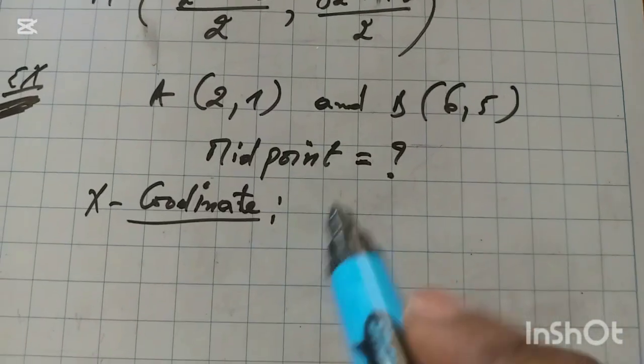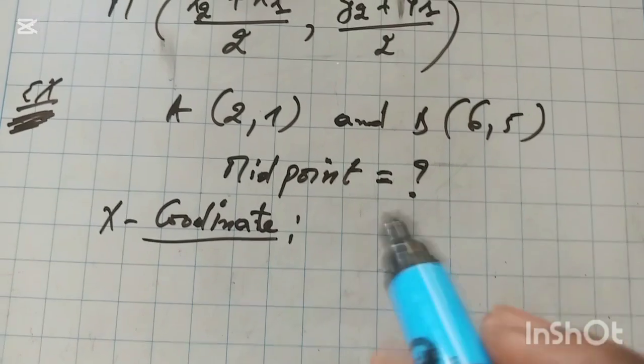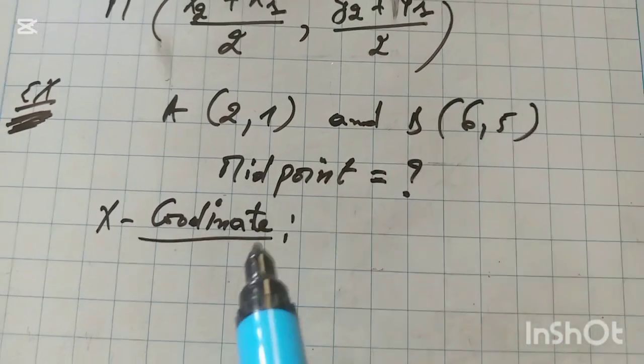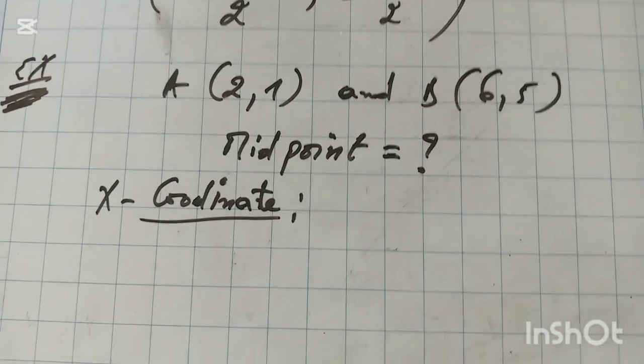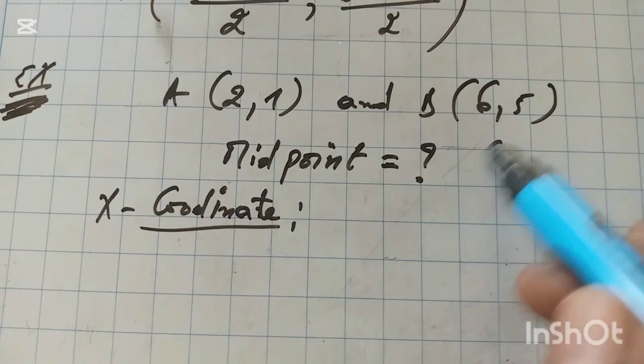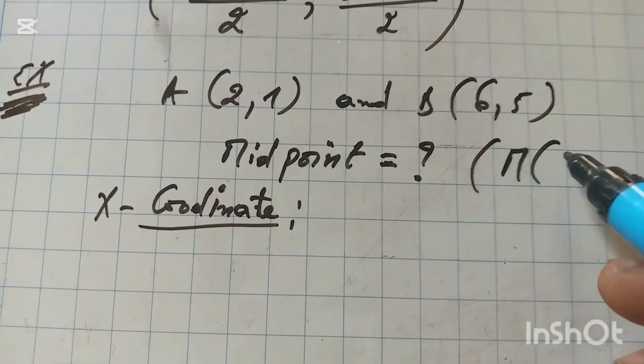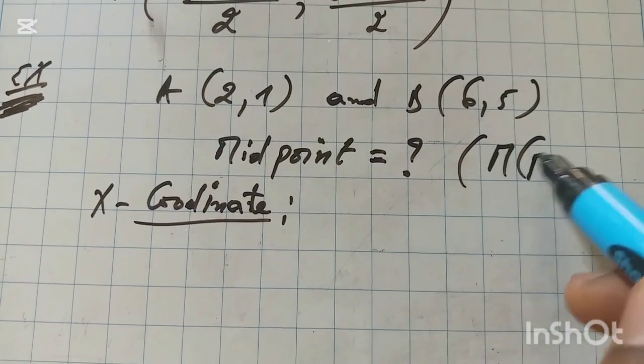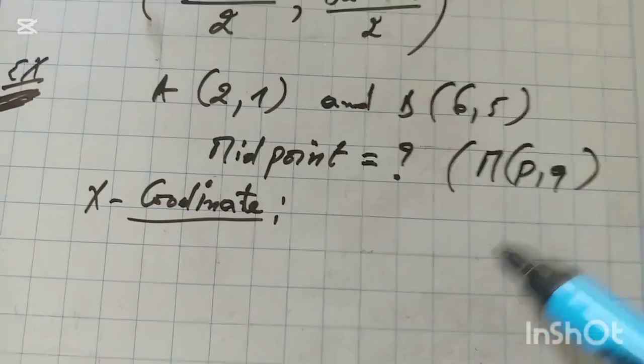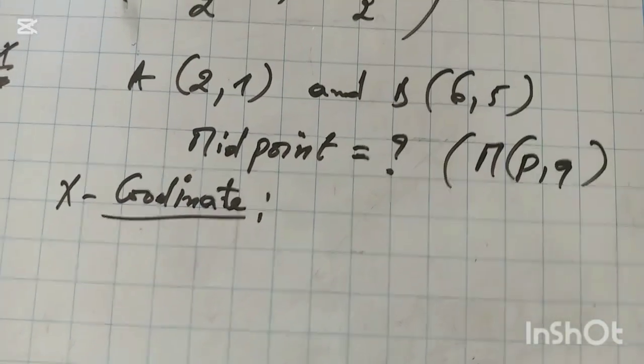So now you remember, for the x coordinate, let us consider M as the point with P and Q as we did above.